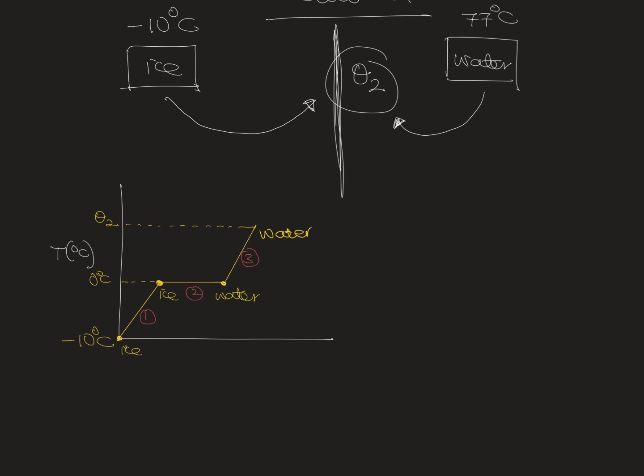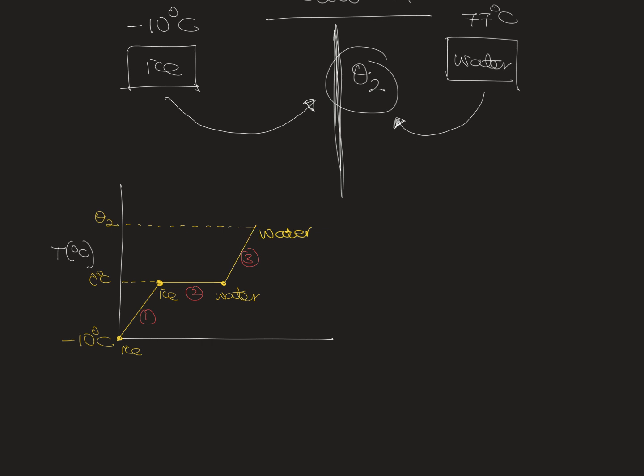That is, if we have the water that is at 77 degrees Celsius mixed with the ice that is at minus 10 degrees Celsius initially, the ice at minus 10 degrees Celsius first has to become ice at 0 degrees Celsius. Then from ice at 0 degrees Celsius, it has to become water at 0 degrees Celsius. From water at 0 degrees Celsius, it will attain the equilibrium temperature.